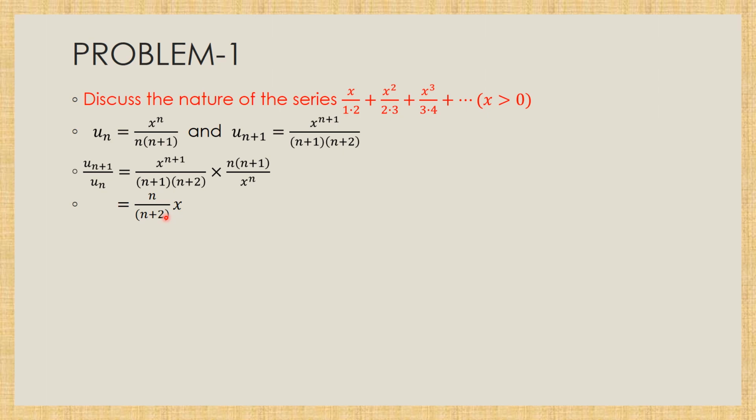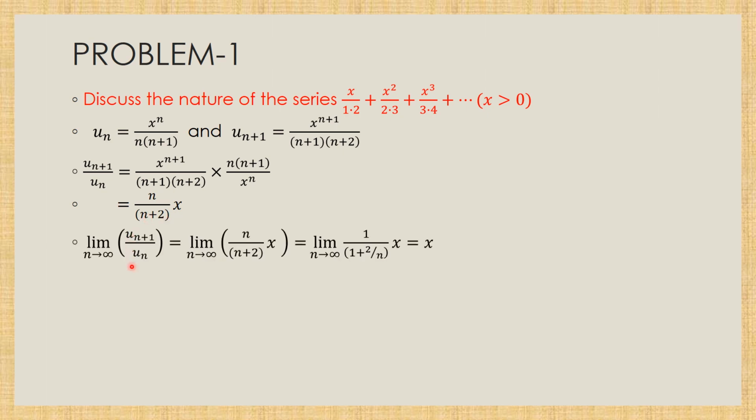Now apply the limit as n tends to infinity. That is limit n tends to infinity un plus 1 divided by un. This un plus 1 by un we already simplified. So limit n tends to infinity n by n plus 2 into x. Here n in the denominator, let me take out. So we get 1 plus 2 by n, and that n cancels with the numerator n.